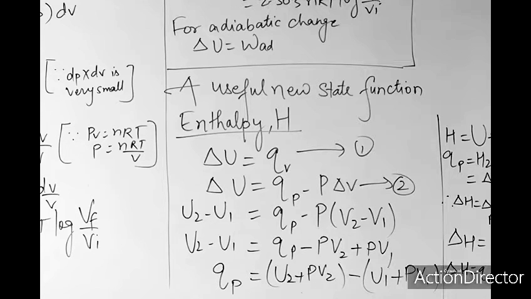Now I have rearranged the equation. U2 minus U1 is equal to QP minus PV2 plus PV1. So QP is equal to U2 plus PV2 minus U1 plus PV1.